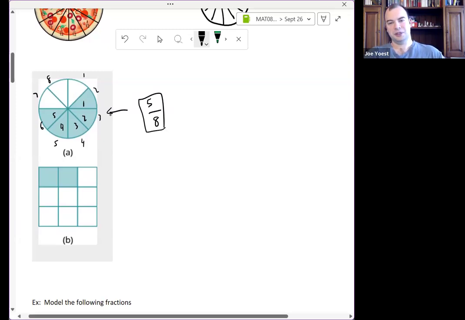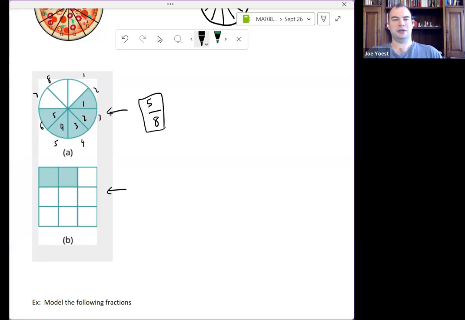Sometimes it's also a little nicer to think of a block diagram, kind of like this. I have a whole square or a whole rectangle, whatever it may be, that's split into 1, 2, 3, 4, 5, 6, 7, 8, 9 component squares.